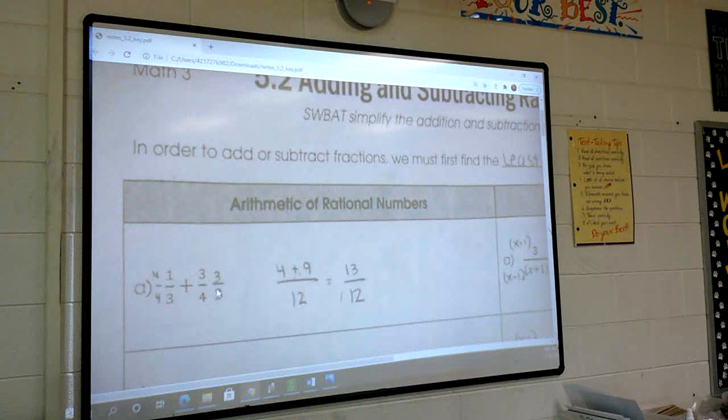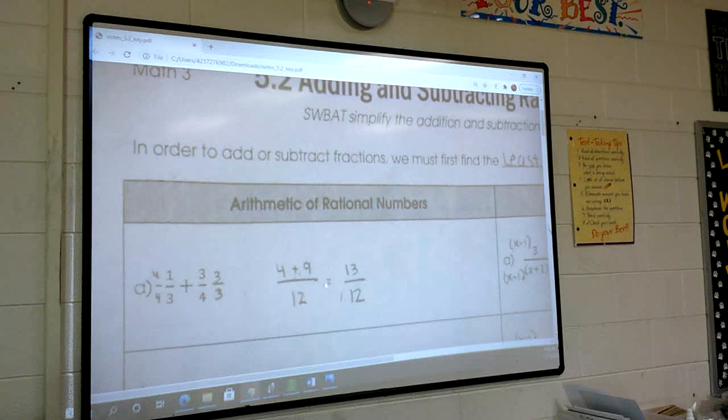So when I do that, 1 times 4 is 4, and 3 times 3 is 9. So on top, I have 4 plus 9. And on the bottom, I just have 12, because I now have common denominators. And 4 plus 9 is 13. So the answer is 13 over 12.